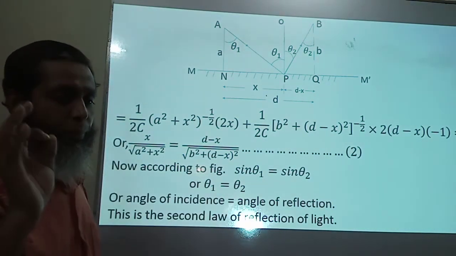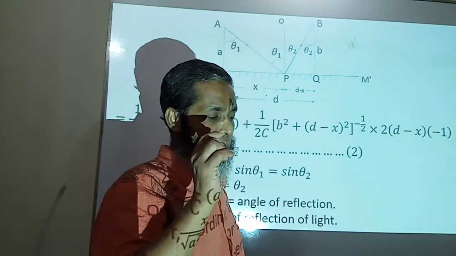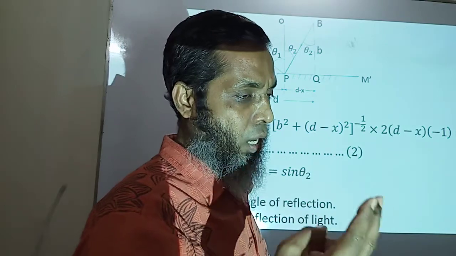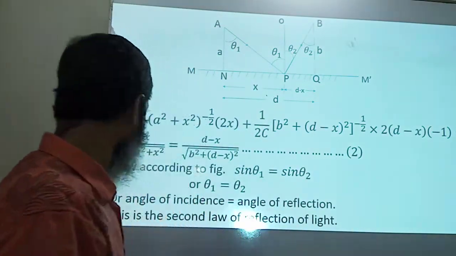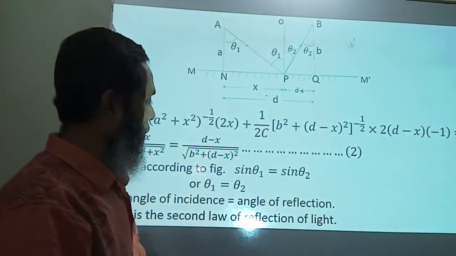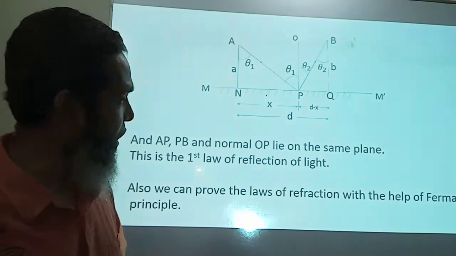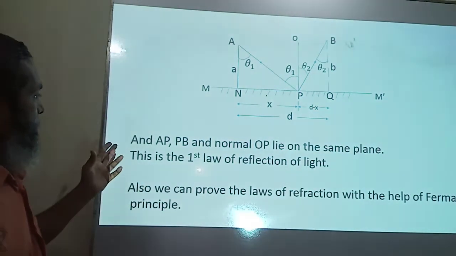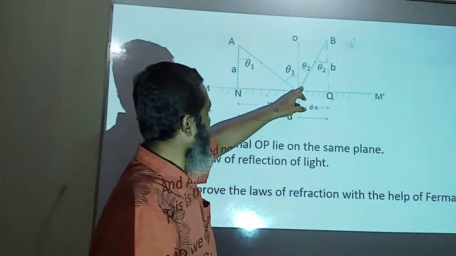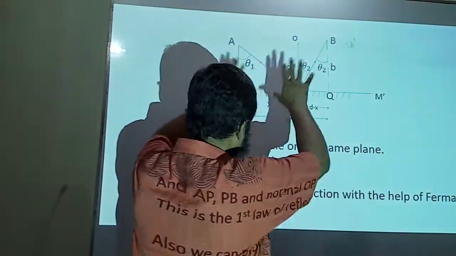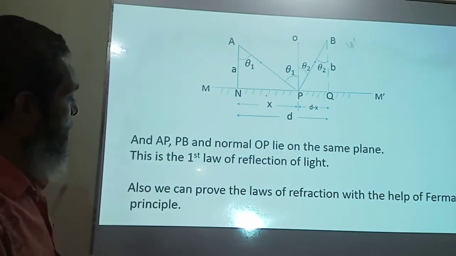That is the main condition, the second condition of the laws of reflection. We know there are two laws. This is the second law of reflection of light. And we know that the three lines, that is the incident ray, the reflected ray, and OP, are lying on the same plane. The figure shows that these three are lying on the same plane.